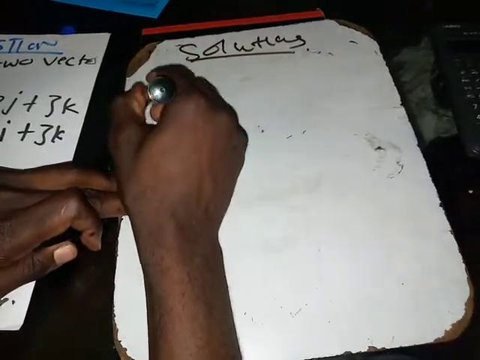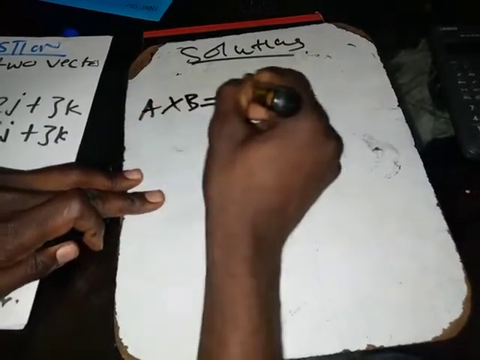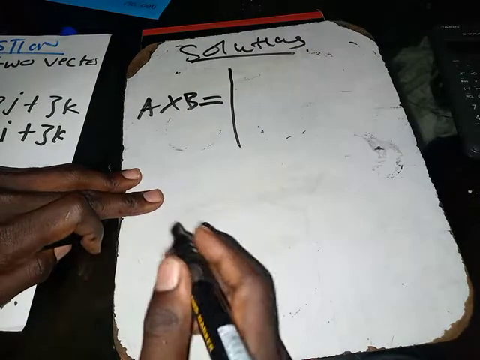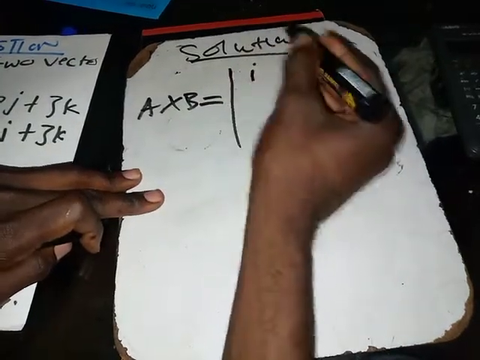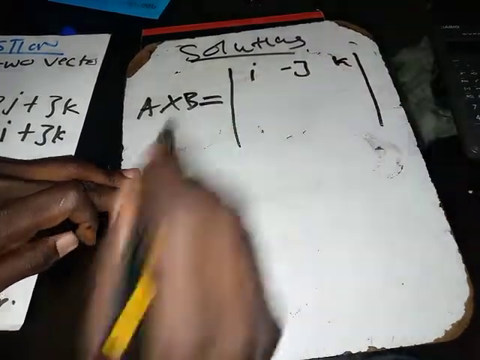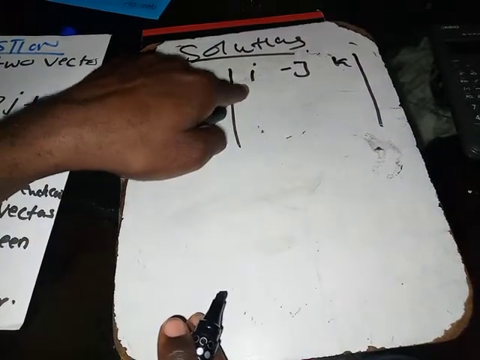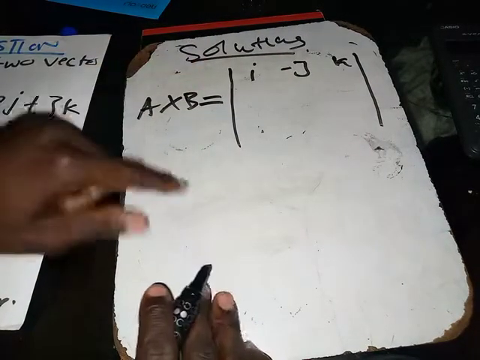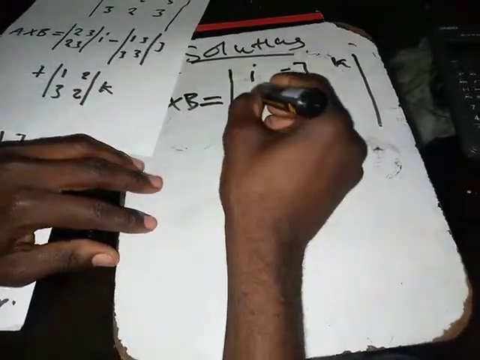You say a times b is equal to, you put the straight bars, and then you indicate i, negative j, then k. j always goes with a negative, i positive, k positive. You must master this. Once you put this negative here, you are gone. Then you put the figures in each row.